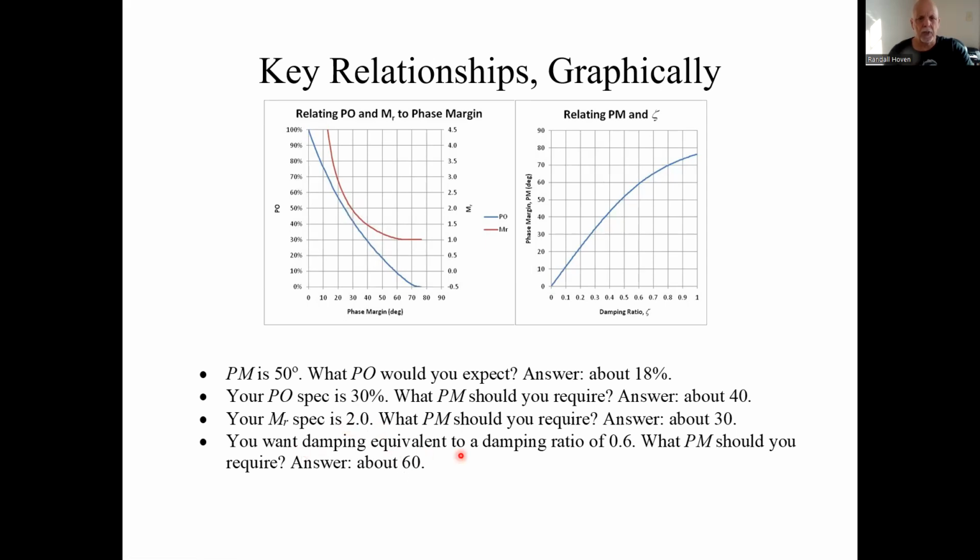And what if you want the equivalent of a damping ratio of 0.6? What phase margin would you want? Damping ratio of 0.6 here, that's about 60. You want about 60 degrees of phase margin to be the equivalent of a 0.6 damping ratio.